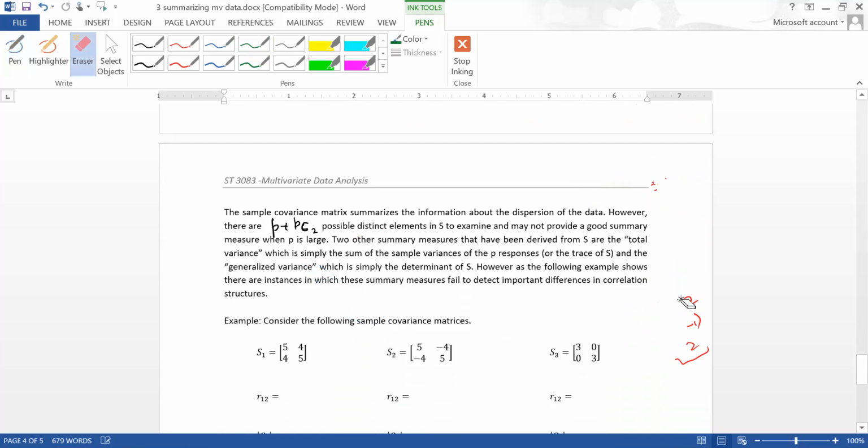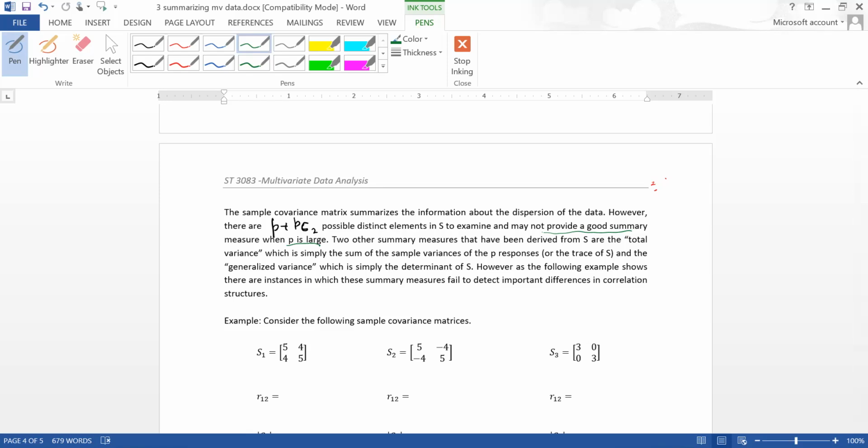This says there are possible distinct elements in S to examine and it may not provide a good summary measure when p is large. So here we have a summary measure. When we have univariate data, a spread measure is just a single value, but if your p is large, the number of distinct elements would be much higher.